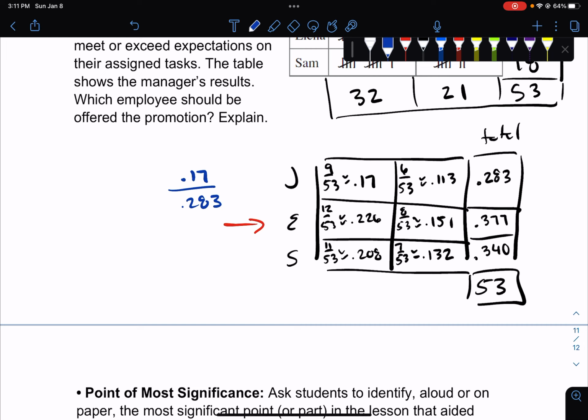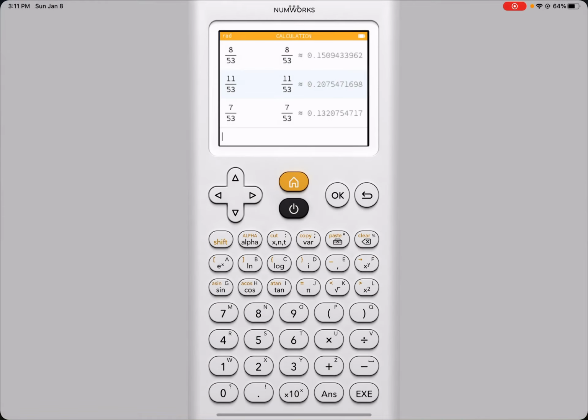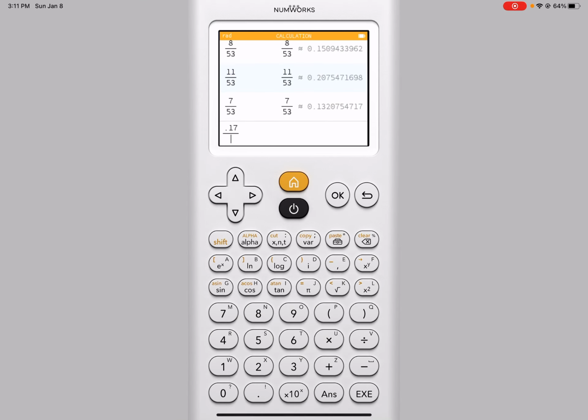And for Elena, I want to do 0.226 out of 0.377. And for Sam, I want to do 0.208 out of 0.340. I want to know, out of their reviews, how many of them exceeded. So let's do 0.17 over 0.283. Calculator, 0.17 divided by 0.283.